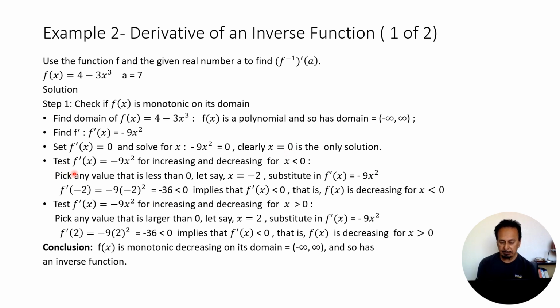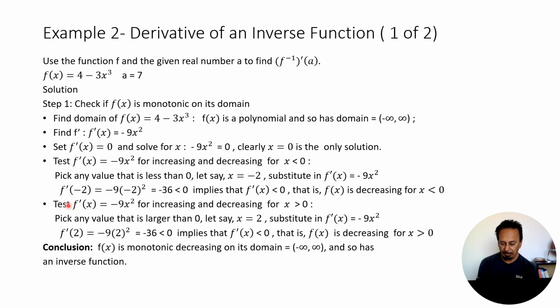Now we test the first derivative, negative 9x squared, for increasing and decreasing for values less than 0. To do that, we pick any value that is less than 0. Let's say x equals negative 2. We substitute in the first derivative f prime of x equals negative 9x squared.